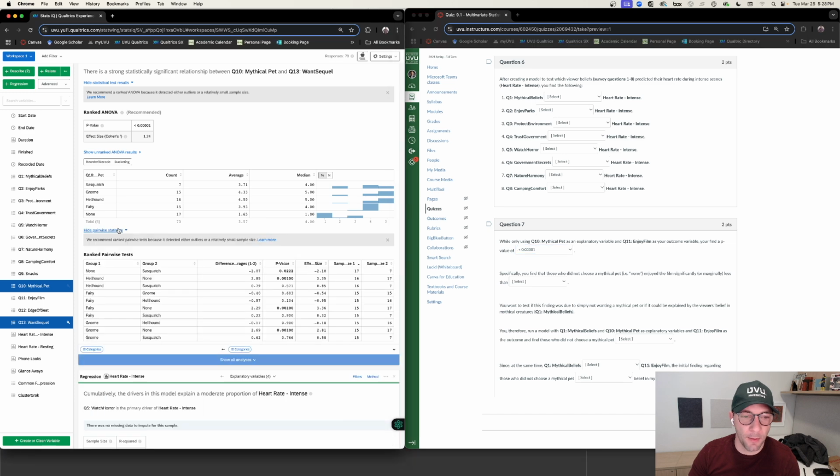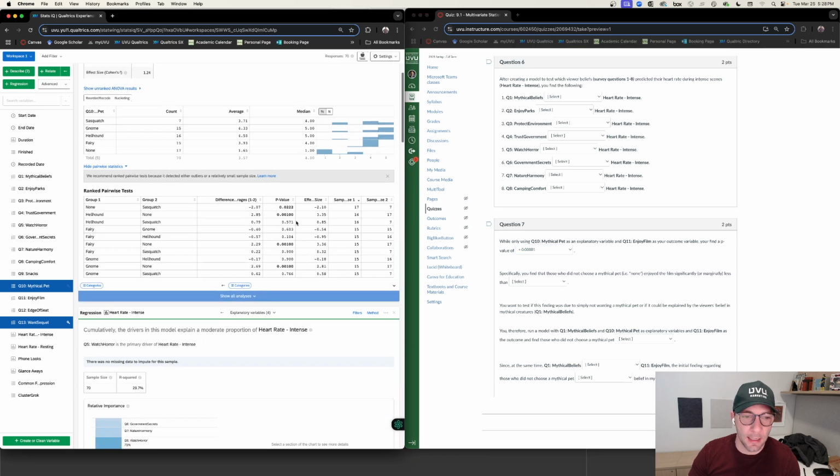I've got to go to the pairwise comparison, and I look here, and this is wanting me to really just look at those in the none group. So here I see, okay, they significantly differ from Sasquatch. I can see here they're the lowest for me, but I don't know if they significantly differ from all of these. So I'm just going to sort here, look at my nones.